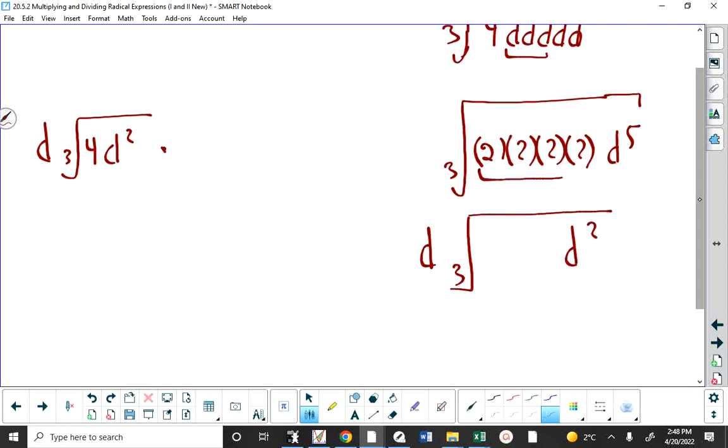I can remove a triplet of 2's and write it as a single 2 outside, leaving me with that. So I'm going to multiply d cube root 4d squared by 2d cube root 2d squared.